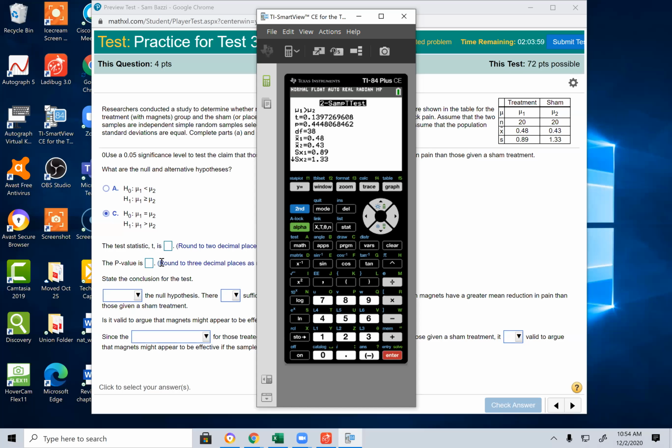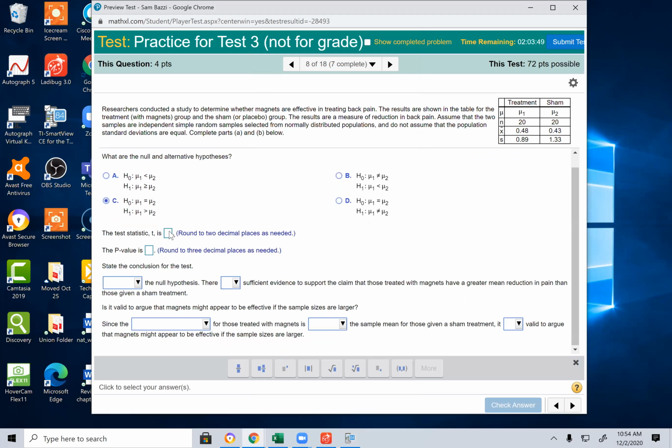Okay. So the test statistic T is 0.14 and the p-value is 0.445. Okay, well, this is bigger than alpha, fail to reject H0.